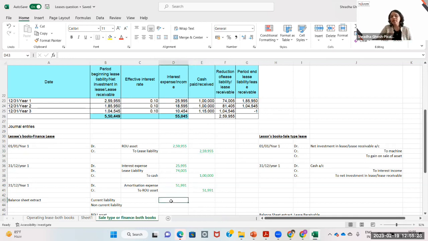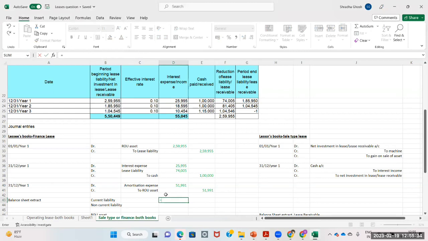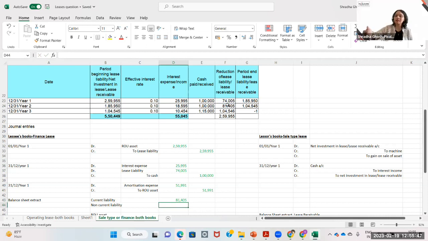Vishnu, explain and tell me the figures that will move. Tell me. So the due amount in the next 1 year will be classified as the current liability, the balance of which is, in my example here, 81,405. So this liability is due immediately next year.